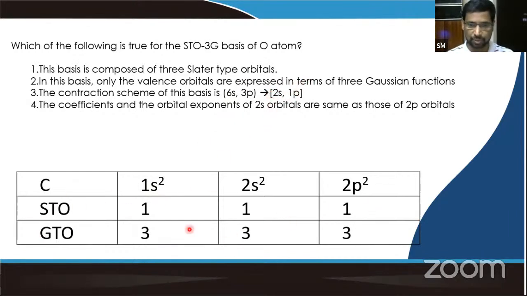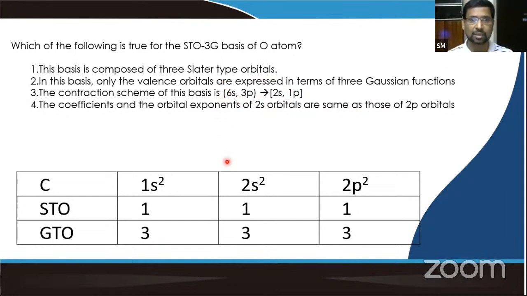It says 2 S type of STOs, 1 plus 1, and 1 P type of STO. When I say 1 P type, I don't write 3, because 1 P automatically means that I have 3 STOs, but of P type. So this is the notation, and this part is correct.